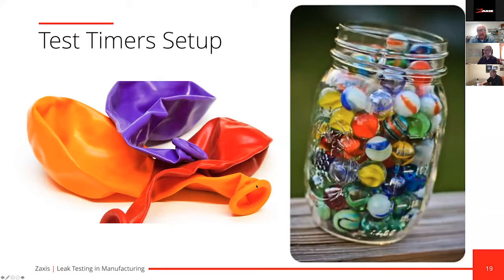One way I like to give you an example to think about, with the picture shown on the screen, is let's take a glass jar, a big mason jar, and pretend that is our test part. That's the part we're going to be testing.